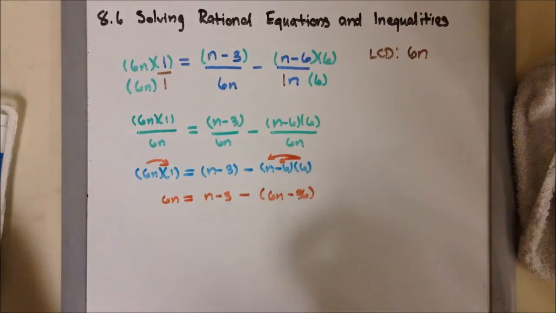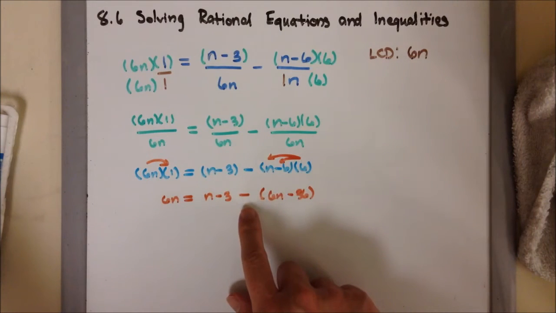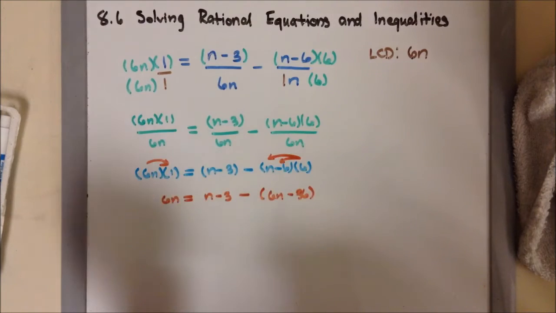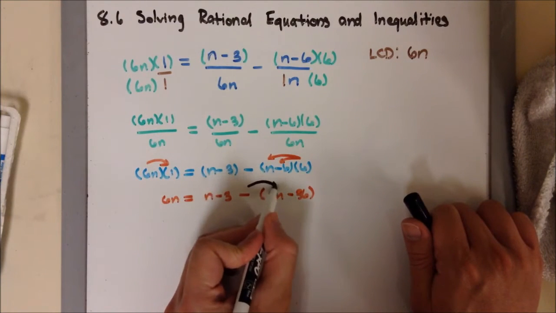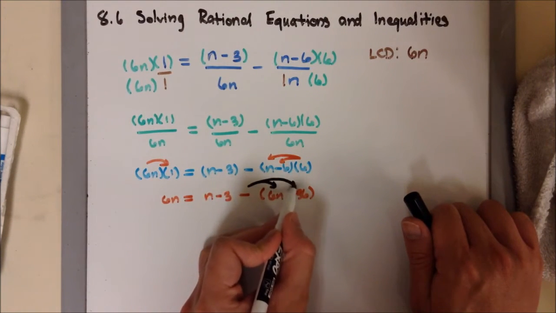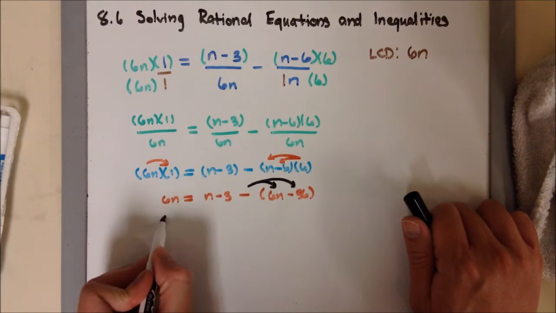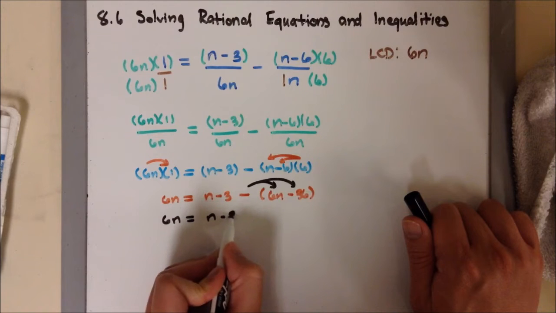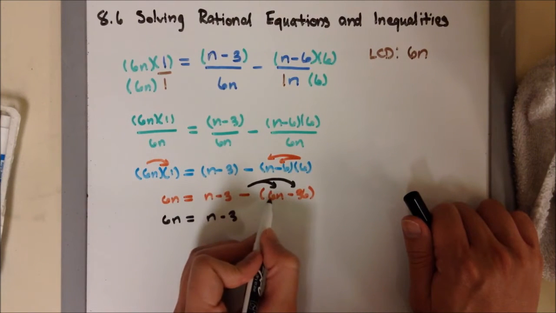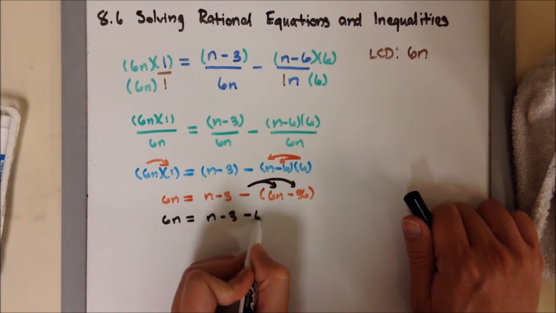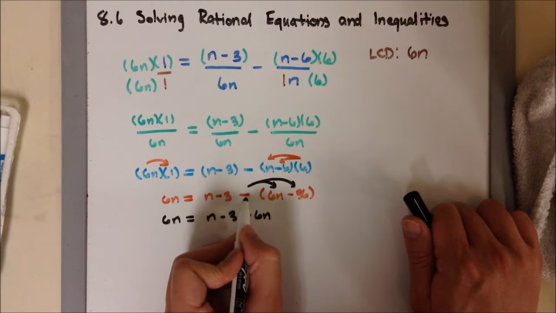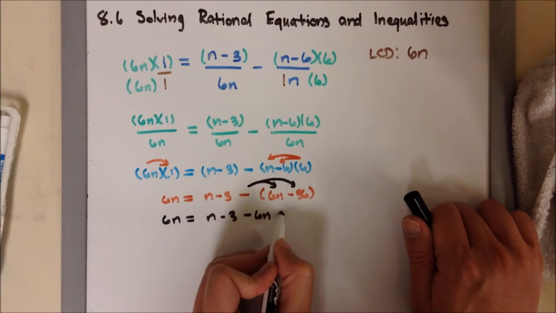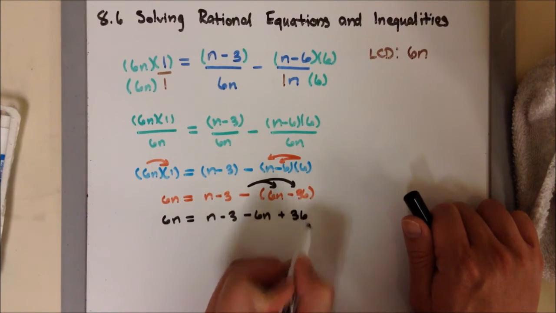After that, I'm going to distribute my minus to the 6n and to the minus 36. So I still have 6n equals n minus 3. Minus the positive 6n will be minus 6n, and the minus to the negative 36 will be plus 36.